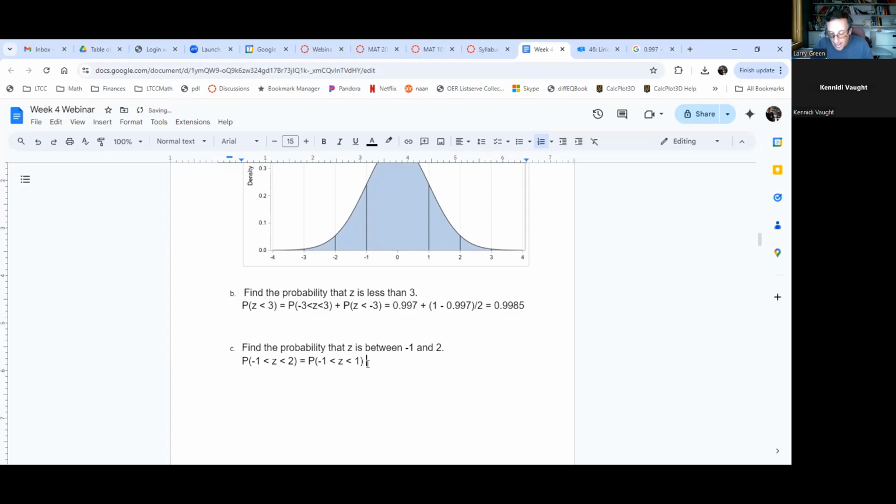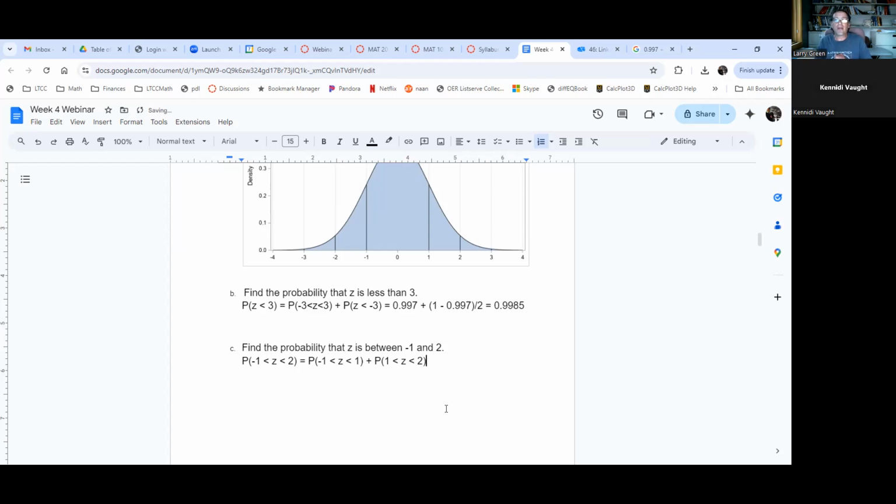Plus, so we know that piece, and that we've just now covered between -1 and 1, but we still have this 1 to 2 stuff that we haven't covered yet, if we want to go between -1 and 2. So plus the probability that 1 is less than z is less than 2.